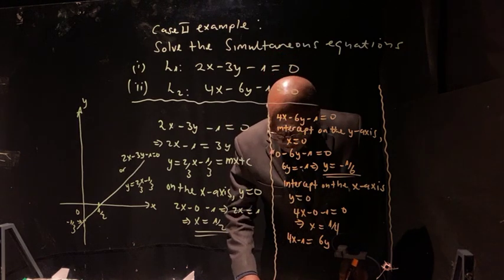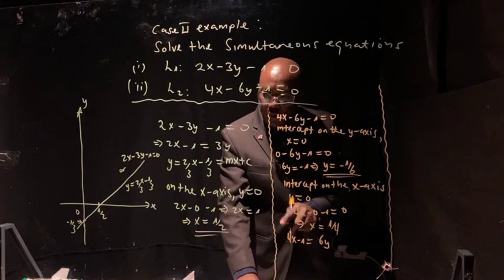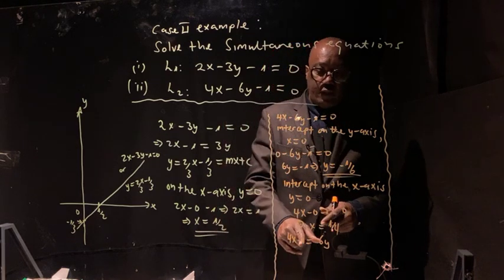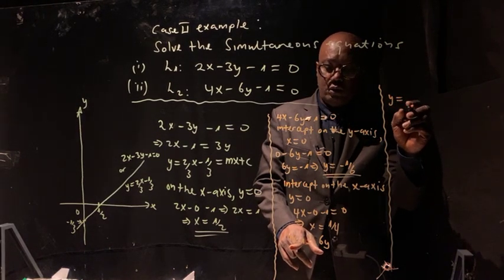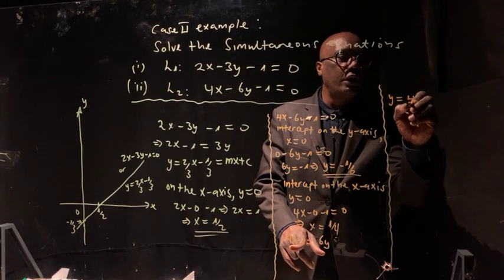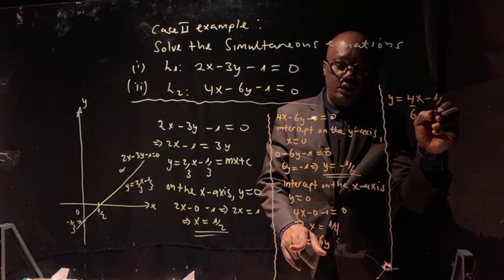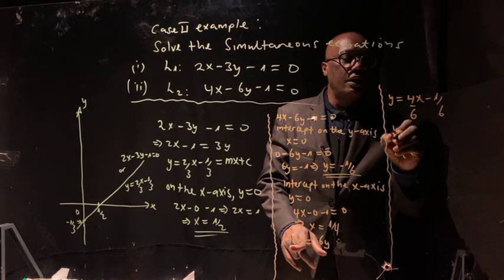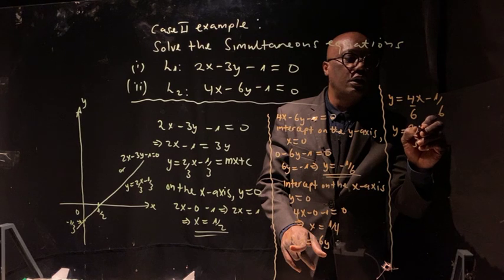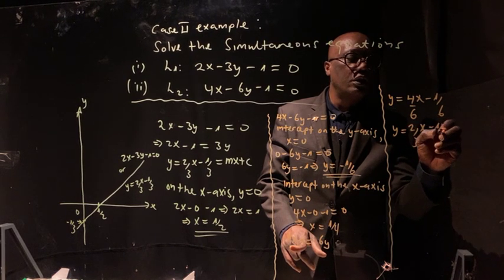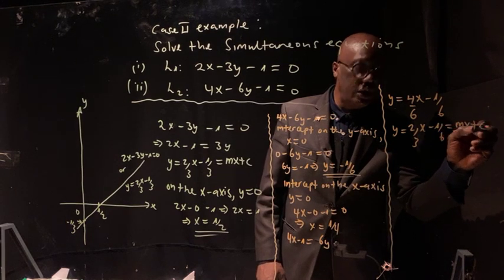Is there any space over there? I believe so, as I can see it on my screen. Therefore, y equals 4x over 6 minus 1 over 6. Y equals 2 over 3 x minus 1 over 6, which is of the form mx plus c.